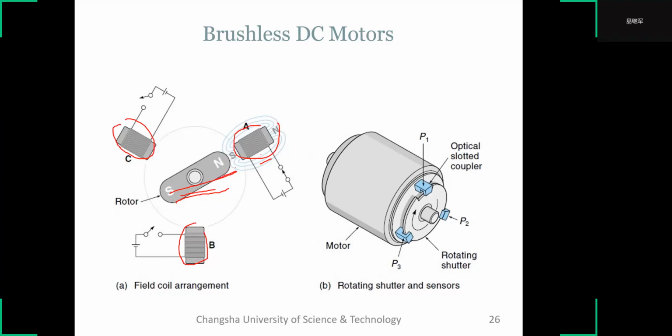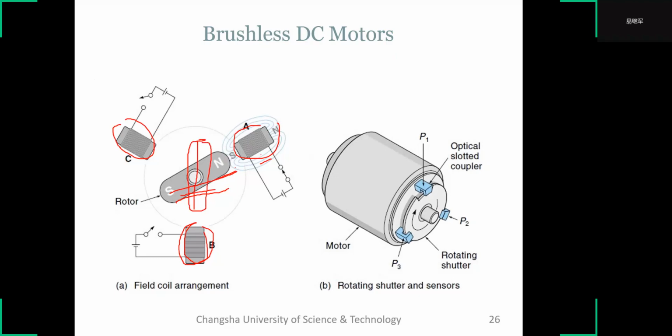When the B coil is powered on, the rotor changes position like here.